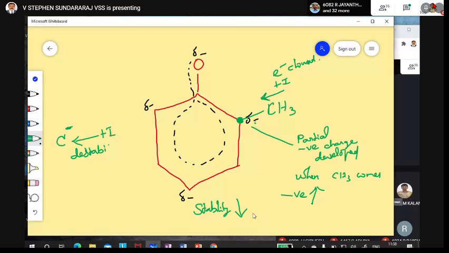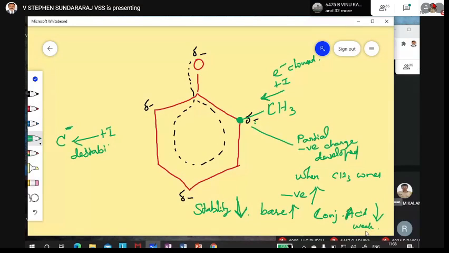Stability decreases when compared to without CH3. Once the stability decreases, the basic nature increases. Therefore the conjugate acid, the corresponding phenol, will become a weaker acid.